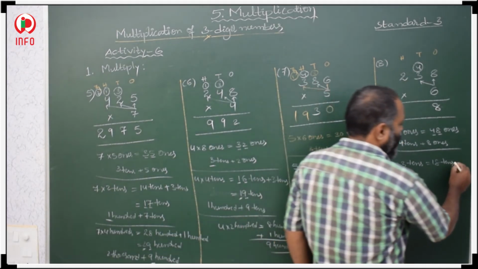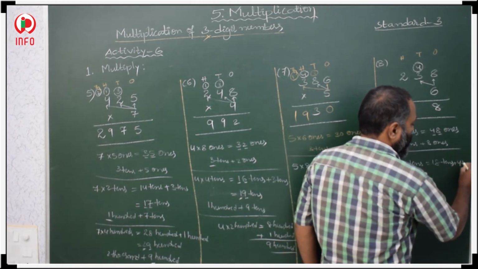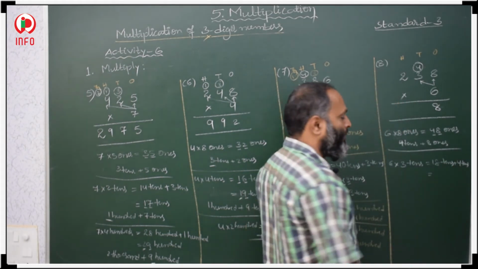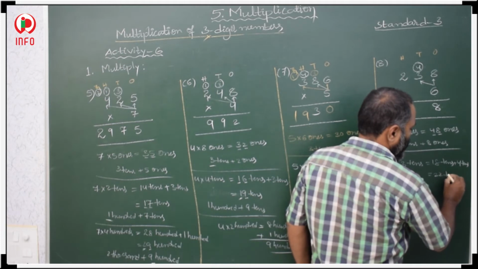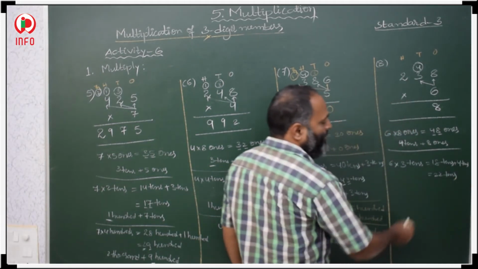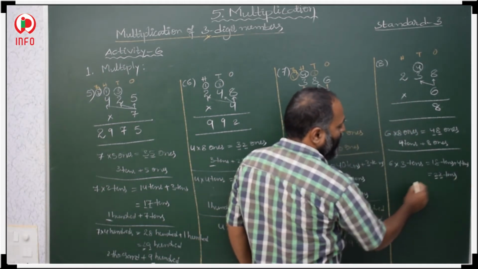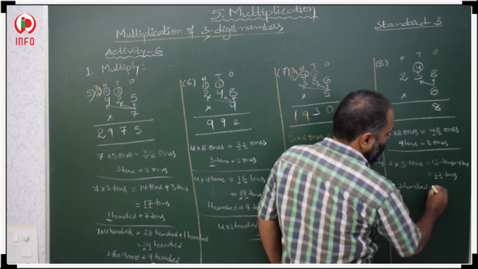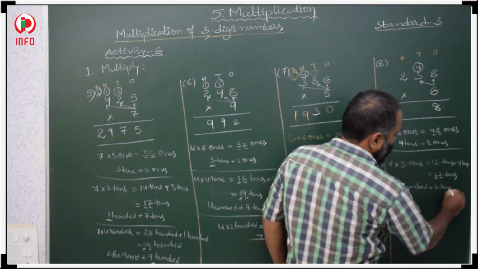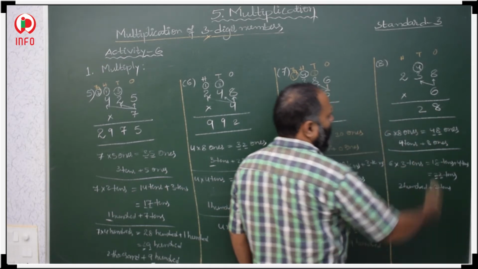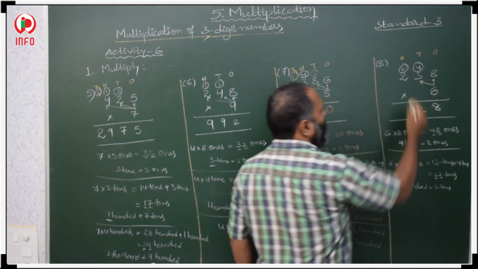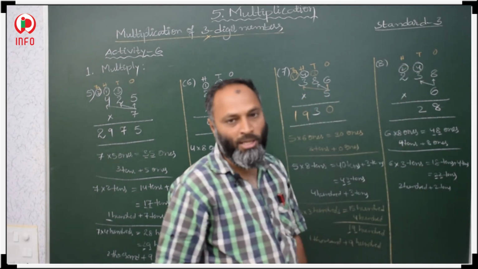So that 4 we have to add. 18 plus 4, 22 tens. 22 tens means 2 tens and 2 hundreds. These two we take in tens column and these two we carry over on hundreds place.